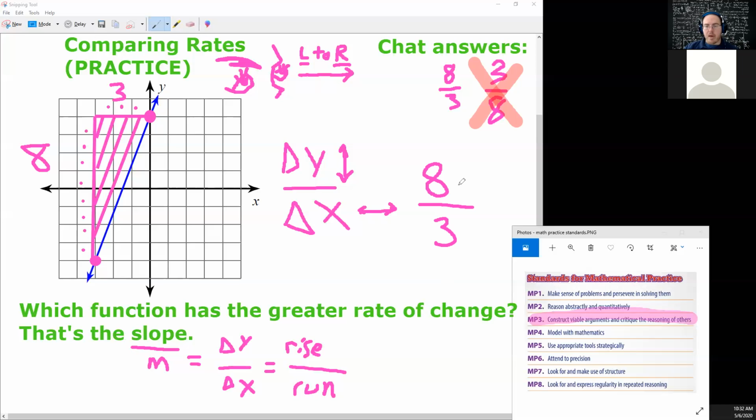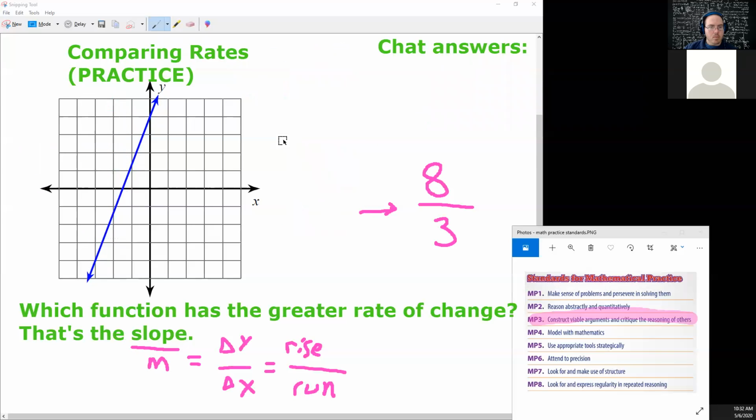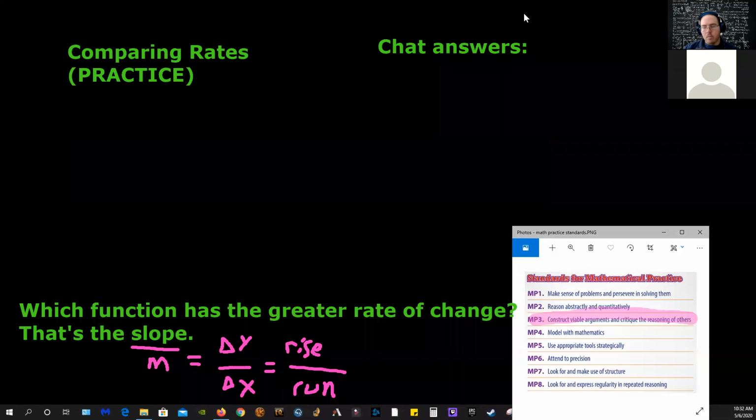Okay, now we're going to talk about tables, and then we can get to our assignment for the day. So when we talk about tables, we're going to be doing the most of what you guys would probably call math, because you actually have to do some calculations and be precise.